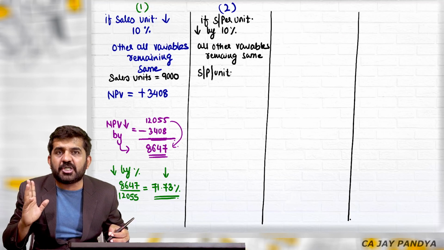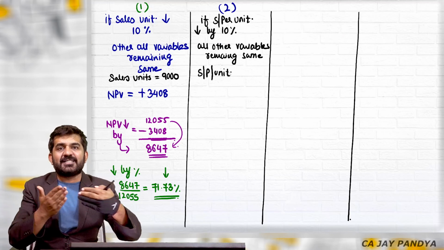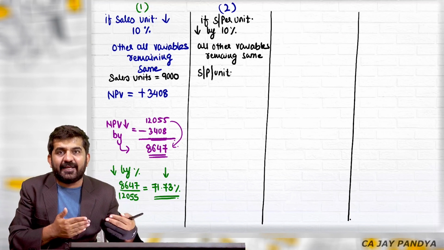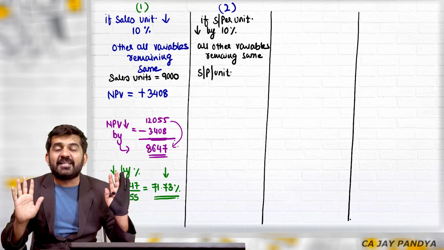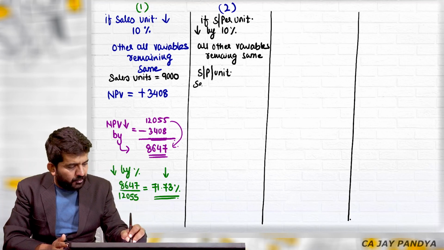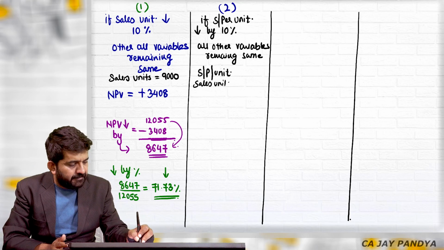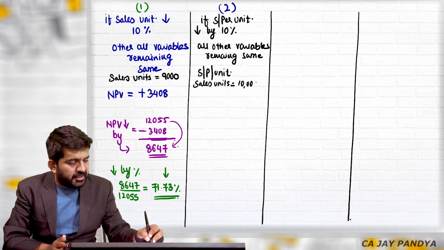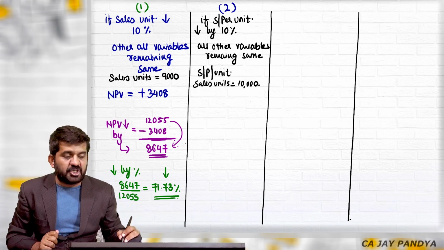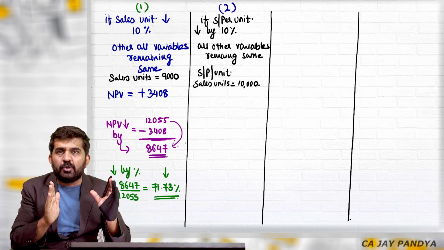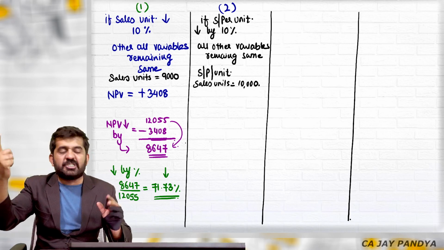What is situation number 2? If selling price decreases from 10 to 9, other all remaining same. So let me even write it down. Here sales units will remain 10,000 and not 9,000, which was in situation number 1. Situation number 2 is an independent situation from the original situation.